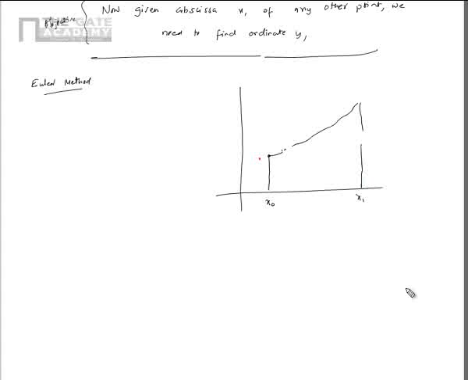At this point P, let me call this point L. Now I draw a tangent to the curve, and this is x naught plus h line, and this is L1. If I draw the tangent, which is a straight line, the tangent meets this x naught plus h vertical line somewhere here. Let that point be P1.